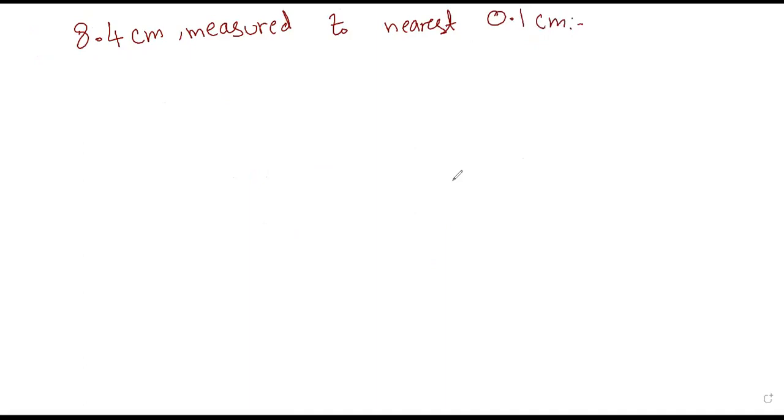Let's say this is the question. Again, step number 1, we need to find the error. Plus minus 0.1 divided by 2. 0.1, okay, because we were told.